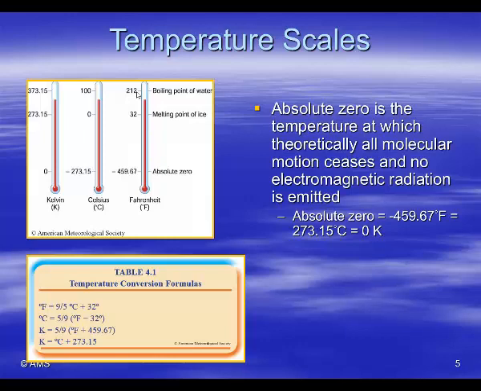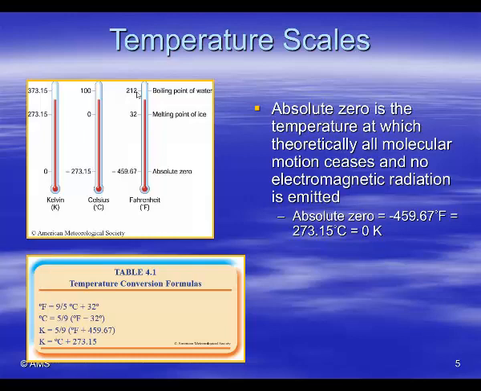The reason is that Fahrenheit wanted his temperature scale to be based on body temperature. The problem is, if he had made body temperature exactly 100, then the melting and boiling points wouldn't be whole numbers. It'd be something like 32.7 and 212.3.